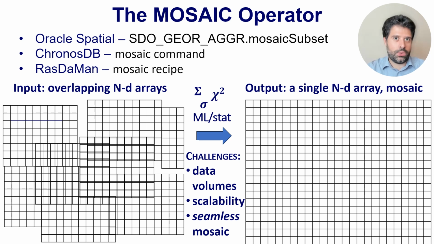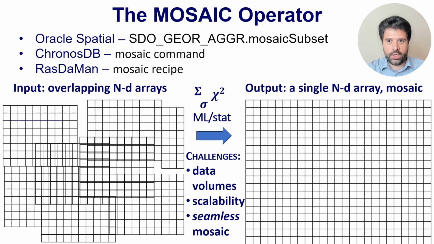The widely used Mosaic operator ingests a massive collection of overlapping arrays into a single large array, called Mosaic. For example, Oracle Spatial provides the respective procedure, ChronosDB has the Mosaic command, and RasDaMan is equipped with the Mosaic recipe.